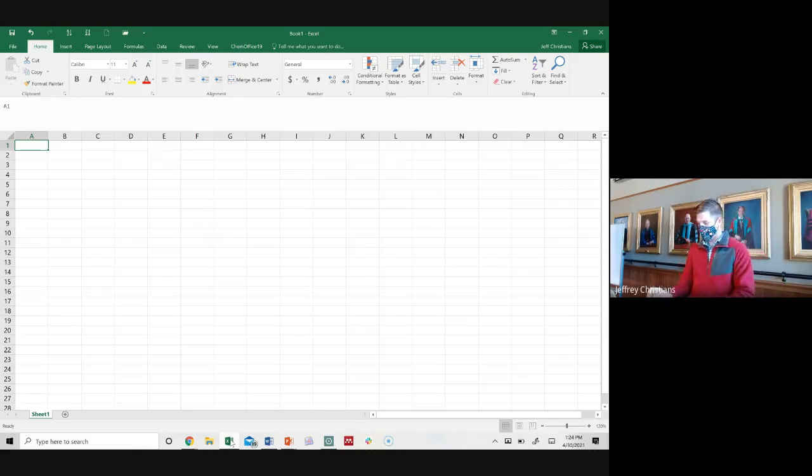Okay, there's the original data. So I have the data that I took from the model. We have the airspeed, meters per second, and the F drag in newtons.